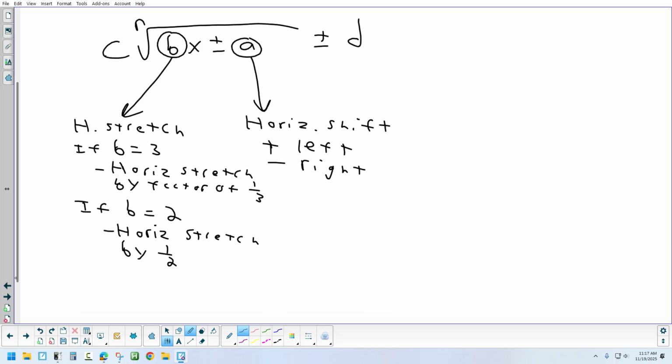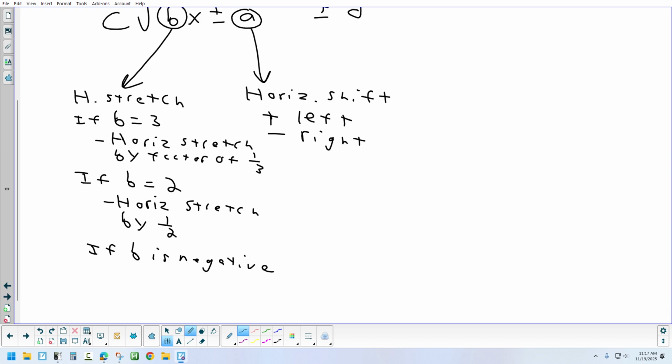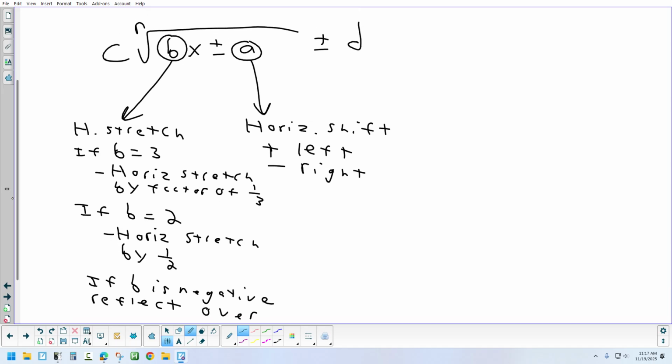And the last thing that can happen with B is if it's negative. What happens when we have a negative? The same thing's going to happen on C too. A negative would cause the graph to flip or reflect. We just have to say over which axis. If B is negative, reflect over which axis?